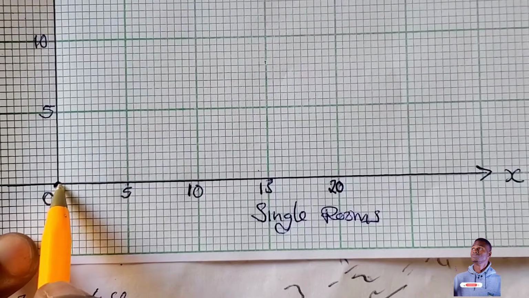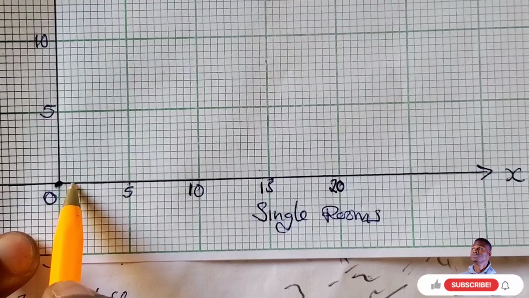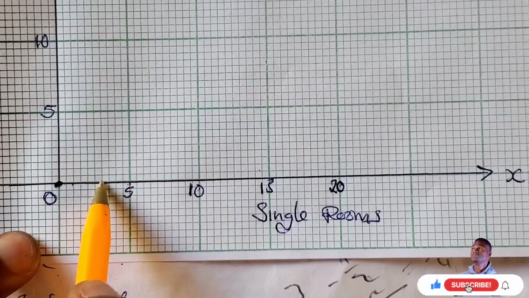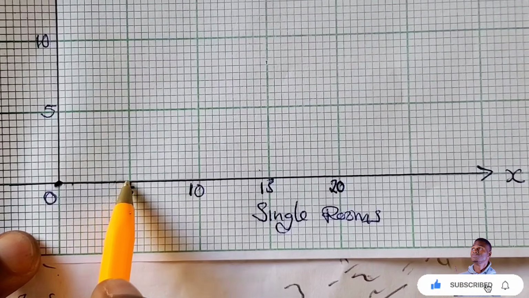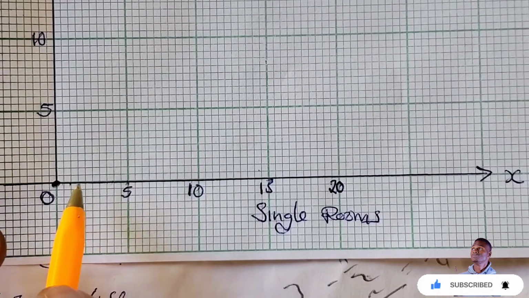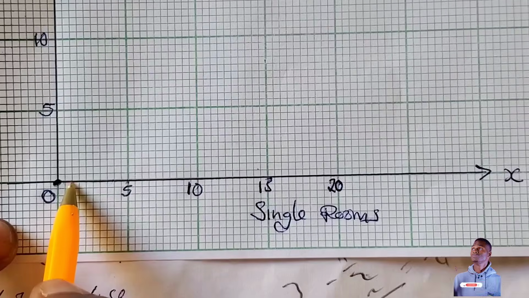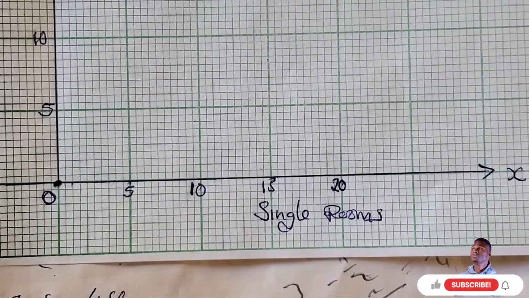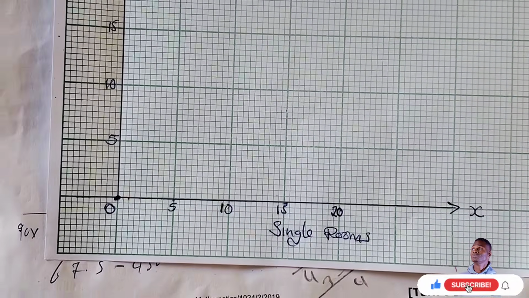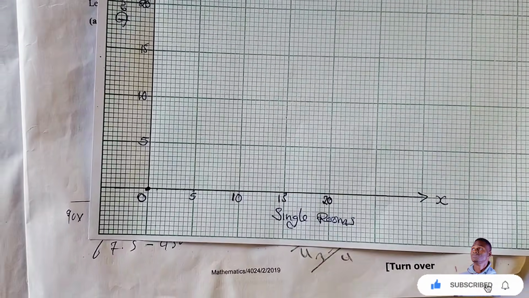So this is 0.5. So 1 here. 1, 2, 3, 4, 5. It's working. So 1 is here, and we're going to use a ruler to draw a line.